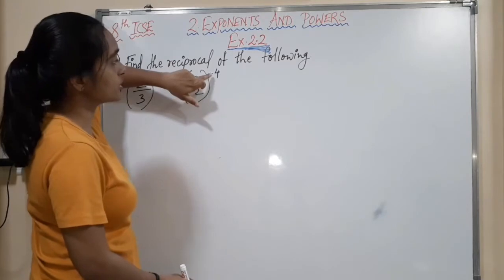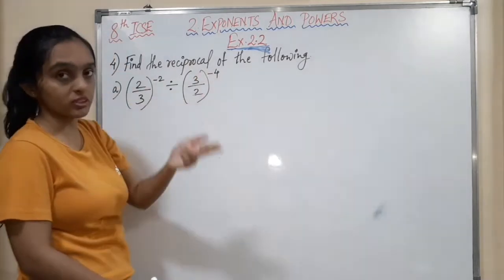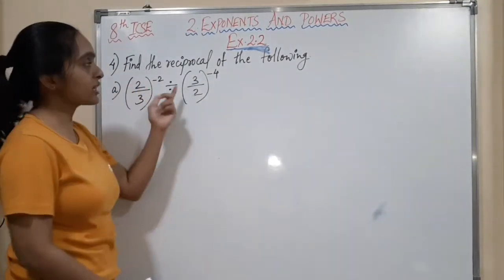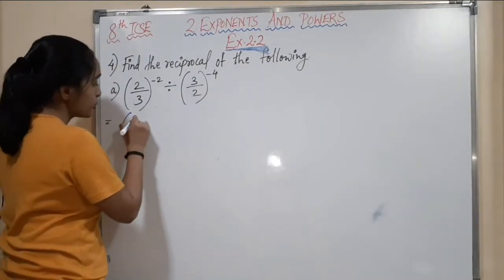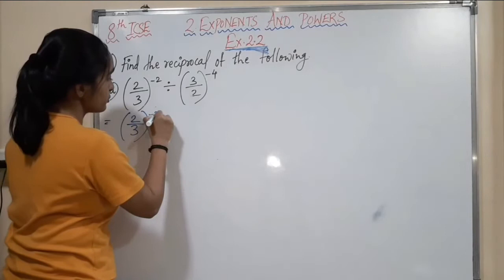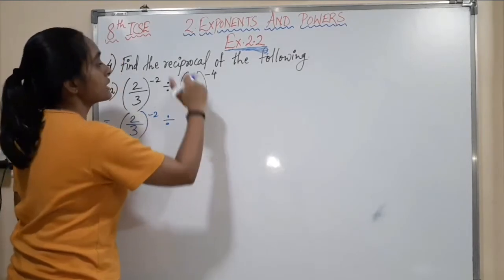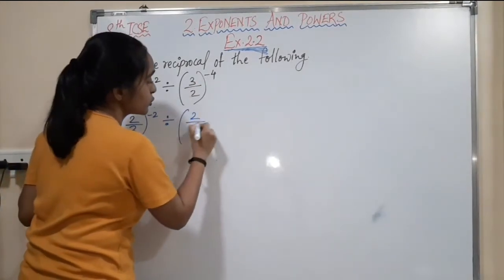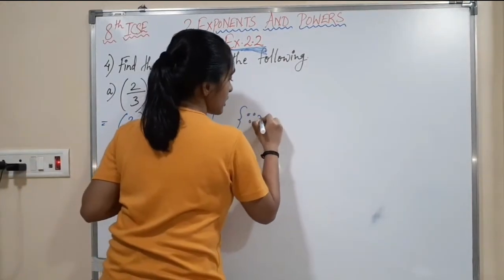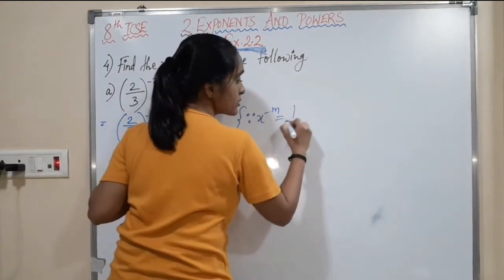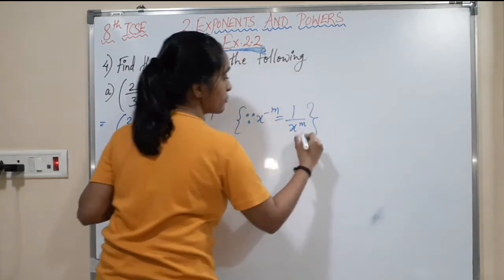That is, we will convert this negative exponent into positive exponent first and then we can simplify it. So here you will get 2 upon 3 raised to minus 2 divided by, taking the reciprocal of this will give you 2 upon 3 raised to 4, using the law x raised to minus m equals 1 upon x raised to m.